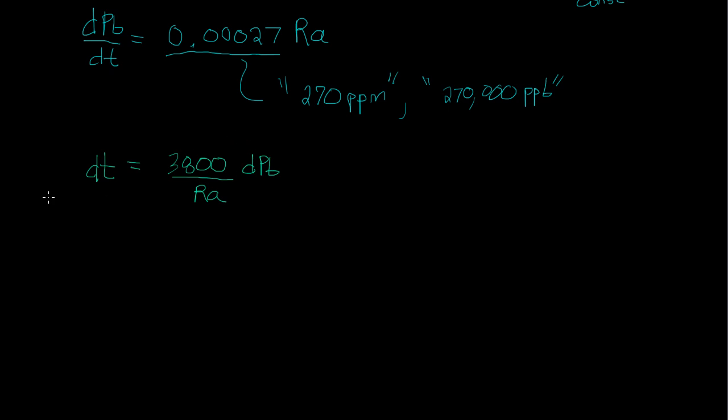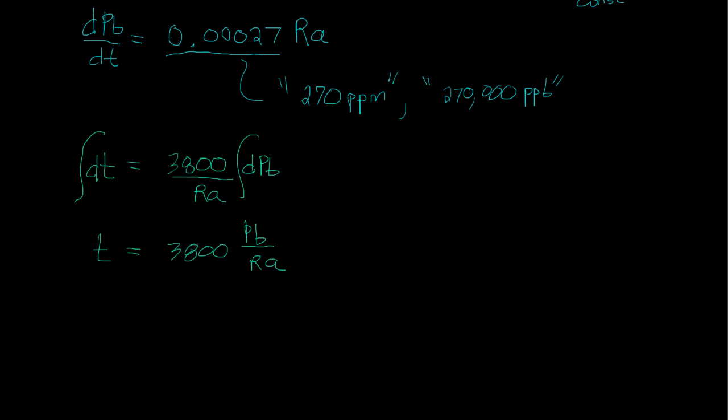These are all constants, and we assume that there was no initial lead. We can integrate this simply as T equals 3,800 times the ratio of the concentration of lead to radium. Piece of cake. If I know the lead-radium ratio, I can figure out the age since lead has been accumulating.